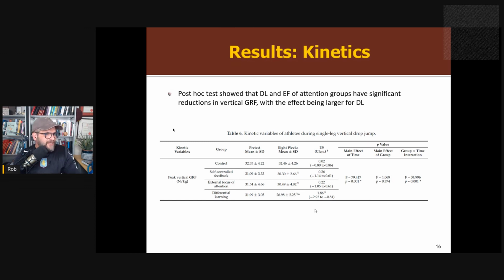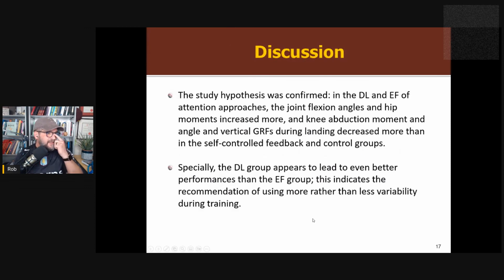So the bottom line, what the authors conclude is that the study hypothesis is supported: both differential learning and external focus of attention approaches allow for reduction in these markers for knee injury in the single leg landing task, with the differential learning seeming to get the maximal results.